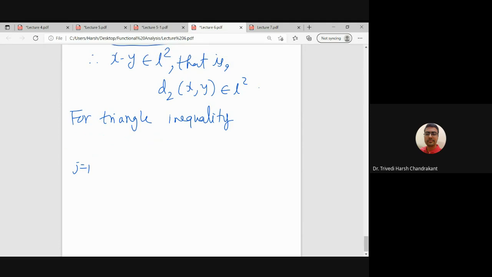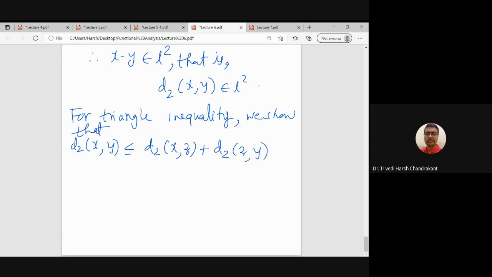What we want to show is that d2 of x, y is less than or equal to, for the triangle inequality, that this is less than or equal to d2 distance of x, z plus d2 of z, y.